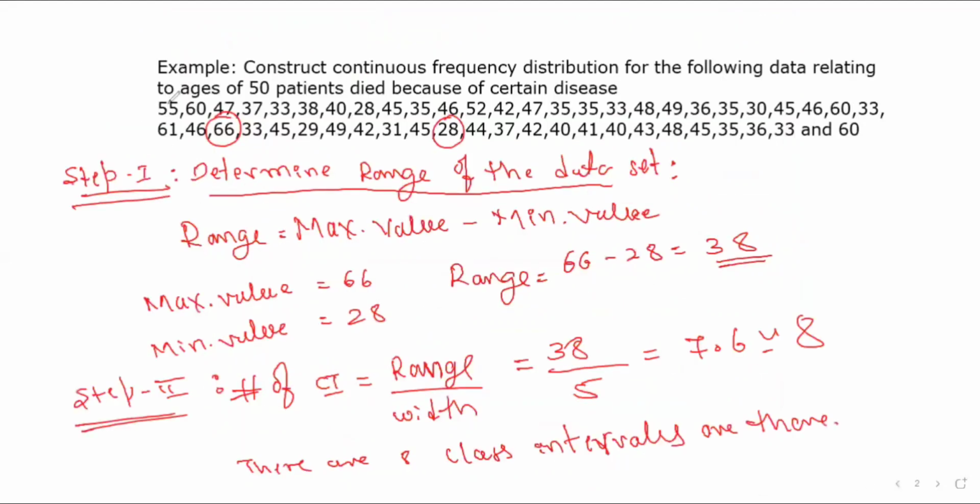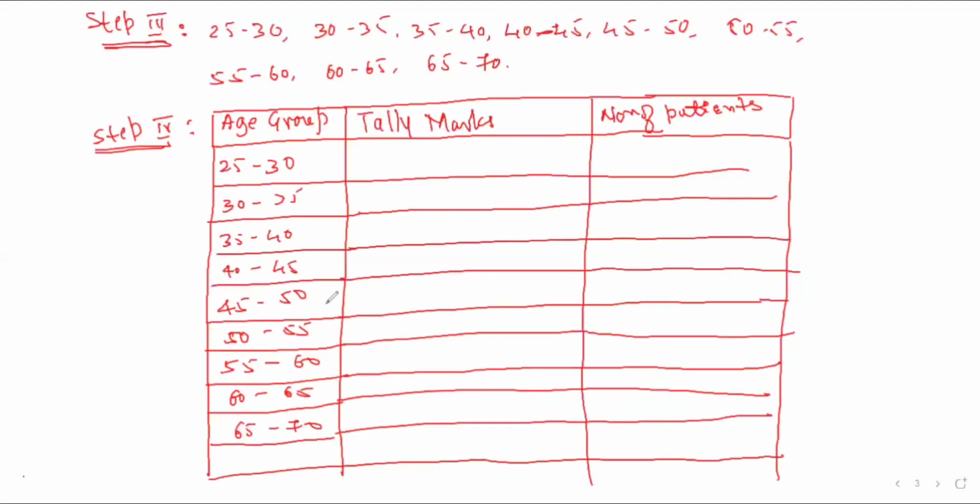What is the first observation? 55. So 55 appears as an upper limit here as well as a lower limit here. I already told you during the explanation of exclusive class intervals, prefer always the lower limit. Is it clear? So wherever you have lower limit 55, you need to mark there. So I marked one tally mark for this 55.